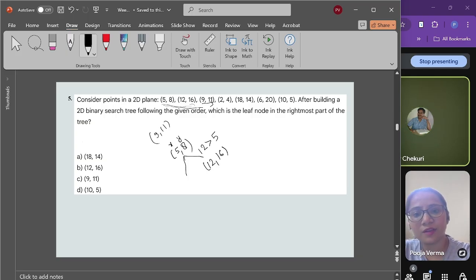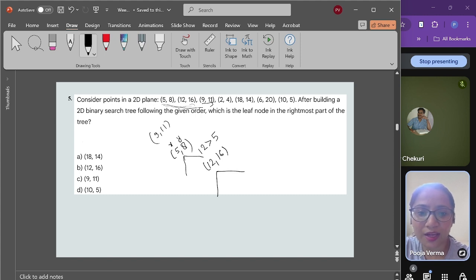But we already have a node on the right path, so we distribute it based on the y coordinate. Now check the y values: this one is 11 and the node there is 16.